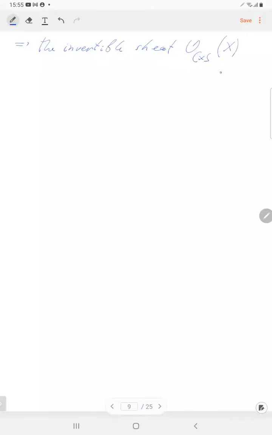Okay, and now from this we arrive at the standard terminology to be used from now on. So I don't know the working definition.